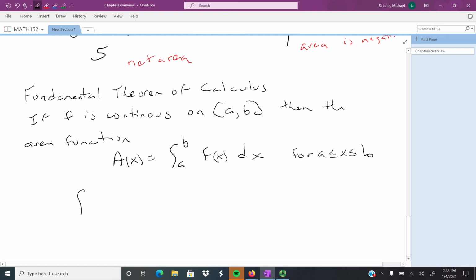And then when we integrate from a to b of f of x dx, this is F of b minus F of a.